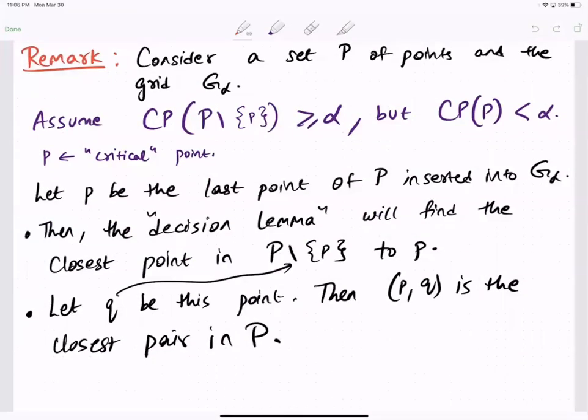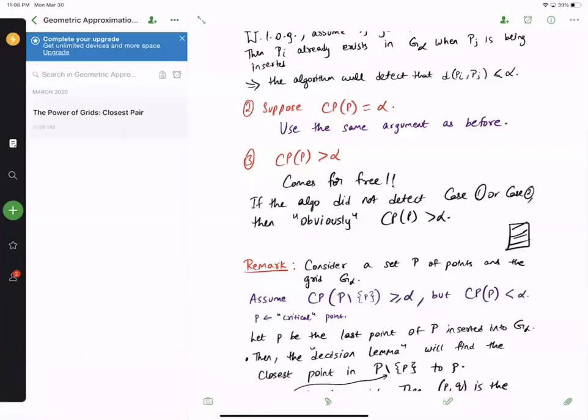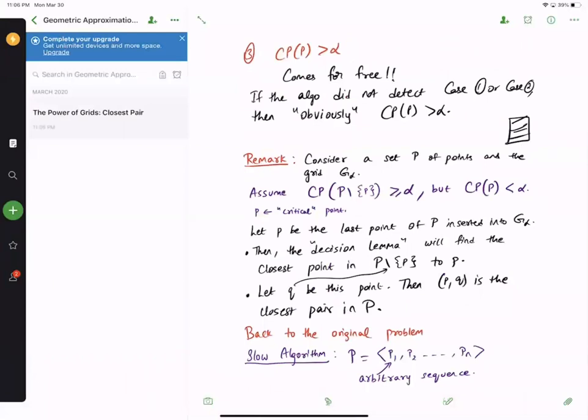This remark says, if P is the last point that is inserted till now, and that is the one which is flipping the value, I mean, without it, the closest pair was something, and because of that, it flipped, right? That's what is happening here. So the closest pair was alpha i minus 1 before it got inserted. But once it got inserted, the closest pair became less than alpha i minus 1. Right? So when that happens, then you can actually find the closest pair. That's what this remark is saying.